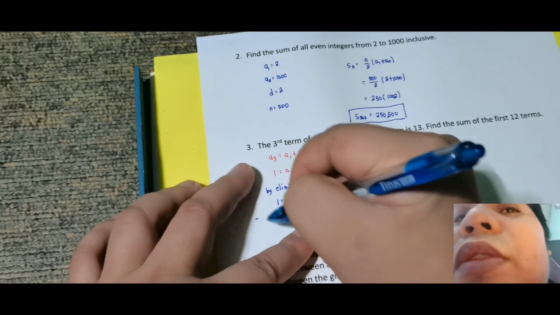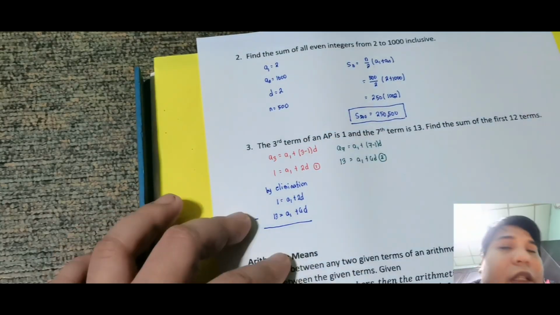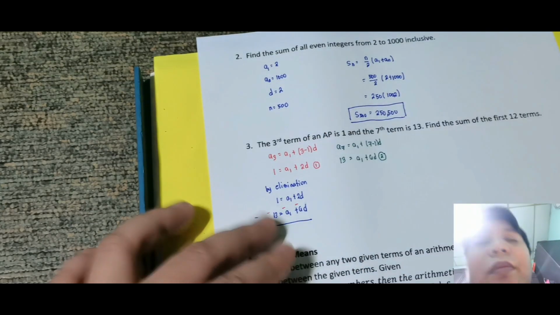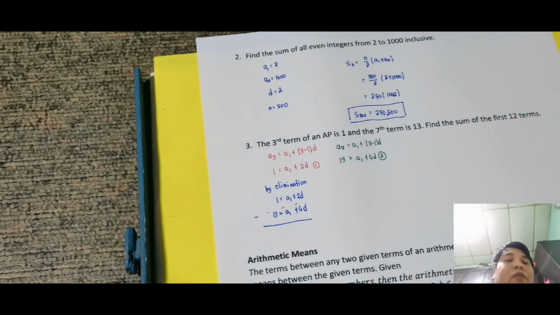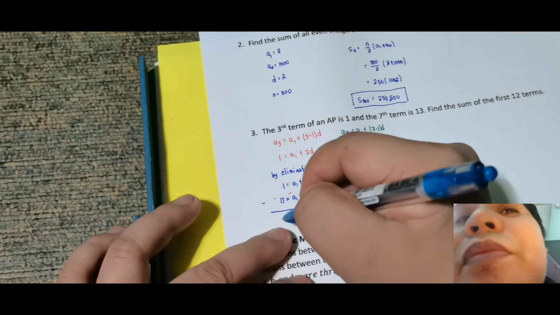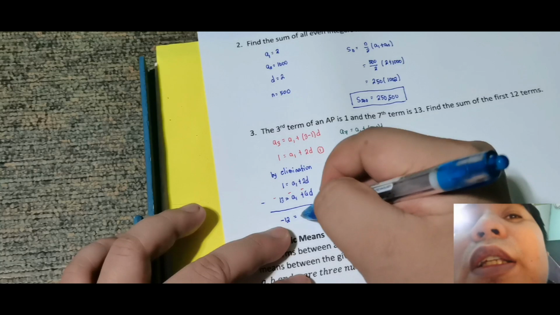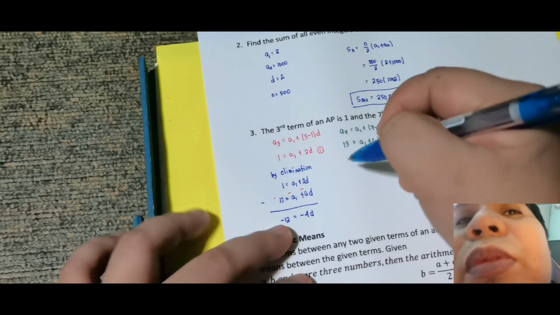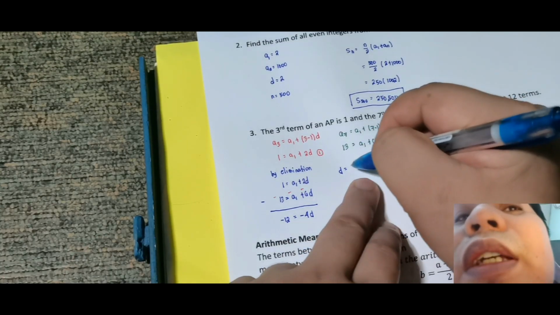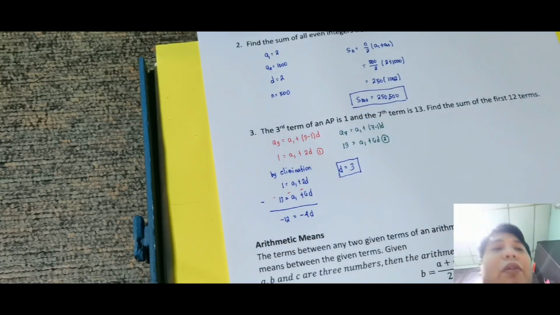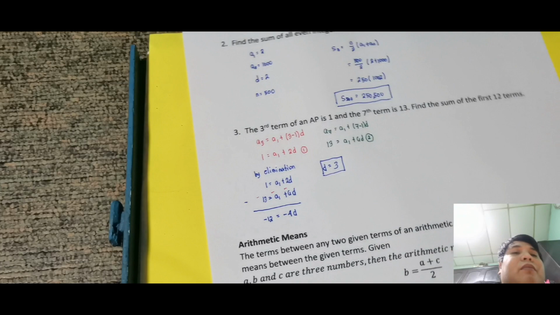Okay, then ima-minus ko yan. So aware tayo, magiging negative to. So 1 minus 13 is negative 12. Wala na sa A sub 1. Then this is negative 4D. Therefore, D is simply equal sa positive 3. Kasi negative 12 divided by negative 4 is positive 3.